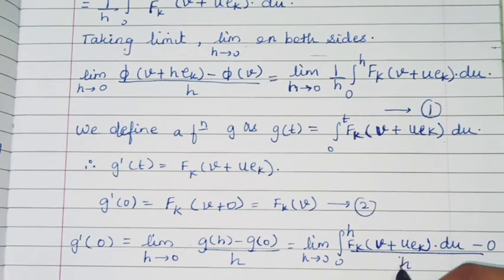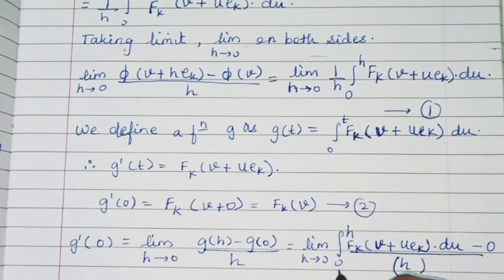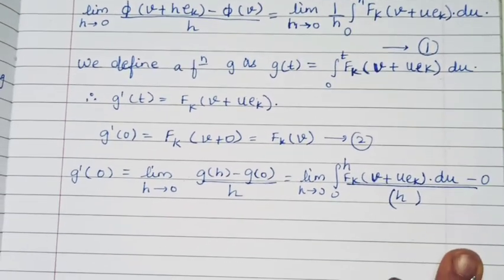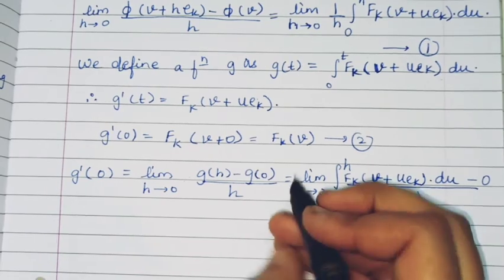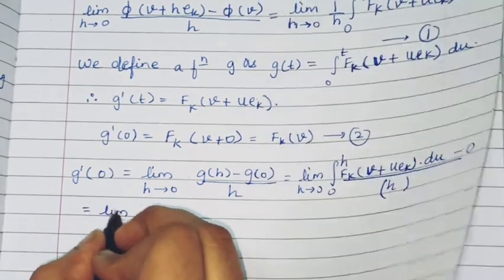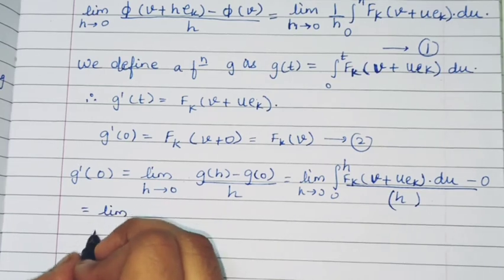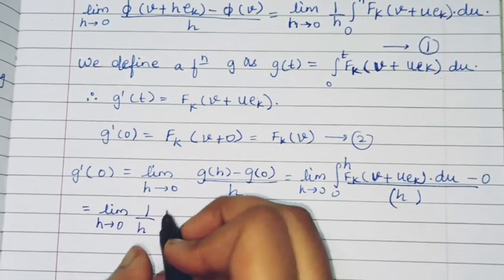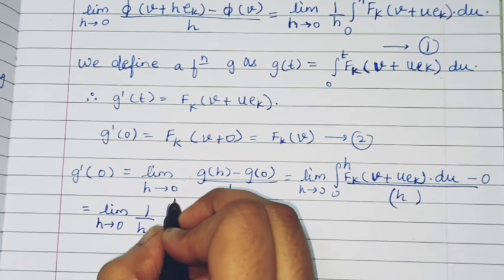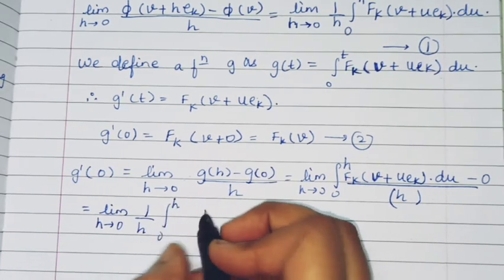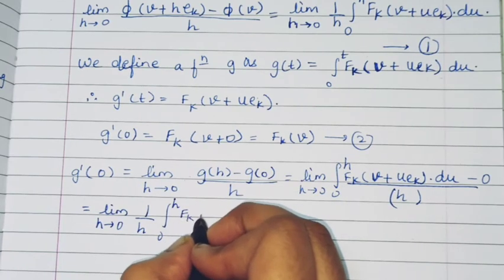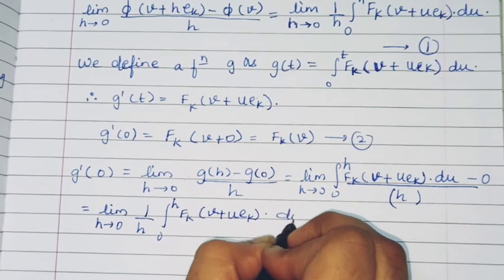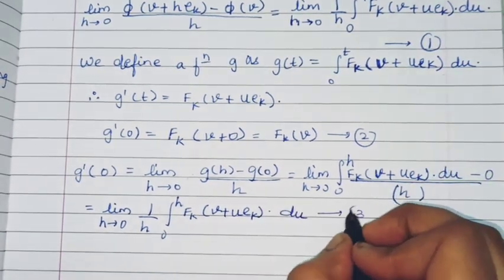The limit is for the whole term. We have just replaced the values of g of h and g of 0 from the value of g of t. So now the term becomes limit h tends to 0, 1 upon h integration fk v plus u ek du. Let us name this as equation 3.